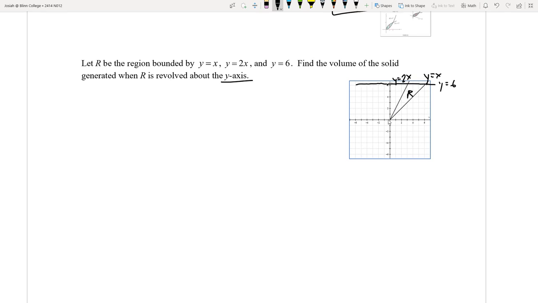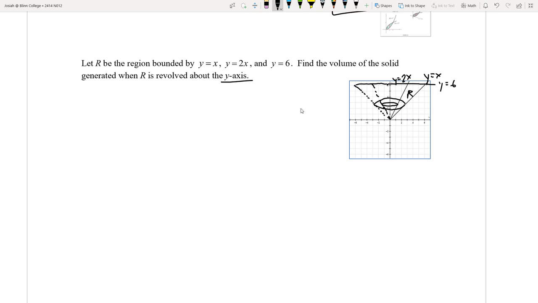So we're talking about taking the solid, revolving it this way. So again, we're going to have a hole in it. And so we're going to have to figure out which is the right function versus which is the left function.